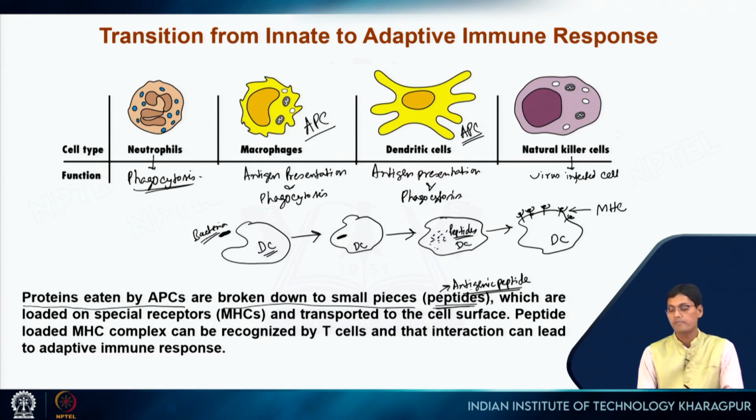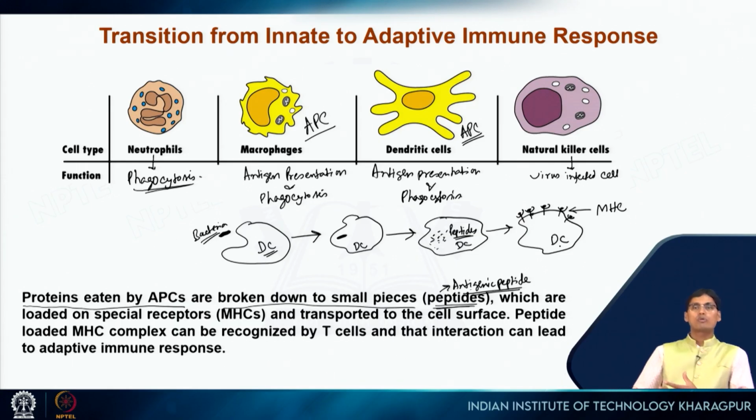So now this DC, which is presenting antigen through this MHC, will help our T cell to learn what kind of information is present in this bacteria. And as a result, our T cell will learn how to make a specific type of weapon, a specific type of reagent, so that we can fight against this bacteria.